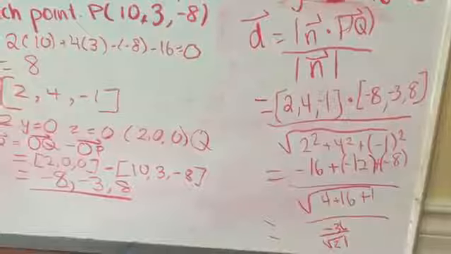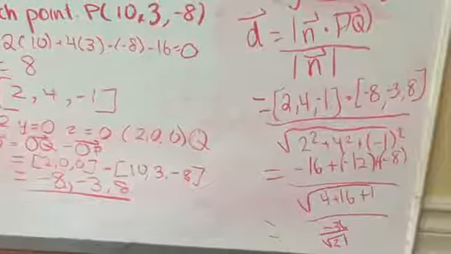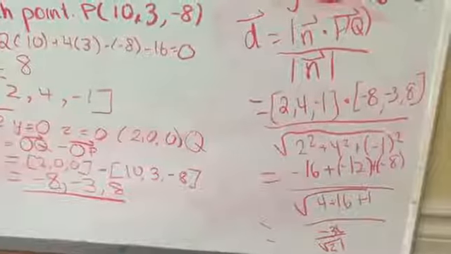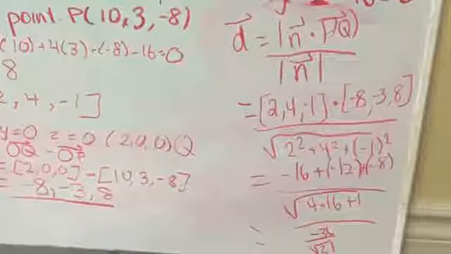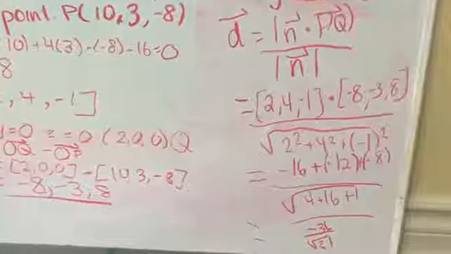So our final answer we get is -36 over square root of 21. So therefore, our distance between the plane is going to be 36 over square root 21 in the negative direction.